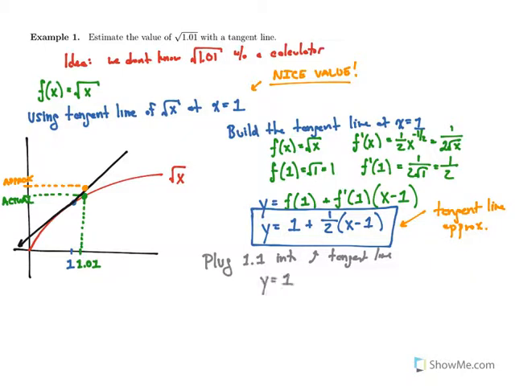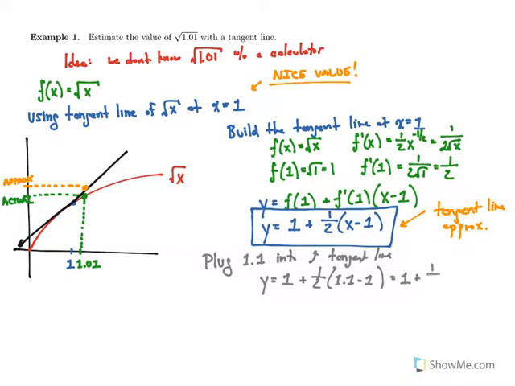So we do that, that's going to be 1 plus 1/2 times 1.1 minus 1. Now, it may be some people's initial thought to distribute this 1/2 to the x and the negative 1. And although that's going to give you the same answer, leaving it in this form x minus 1 is actually nice because we're going to be looking at points that are close to 1, and this algebra is actually much easier to do.